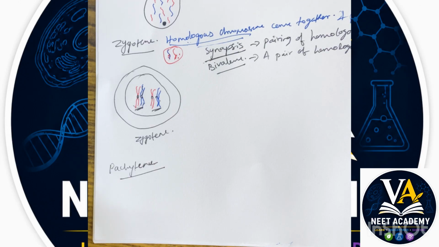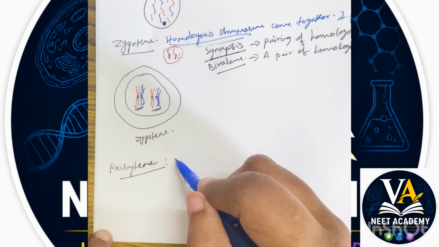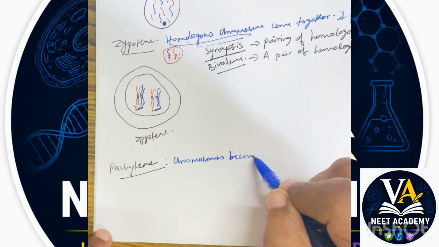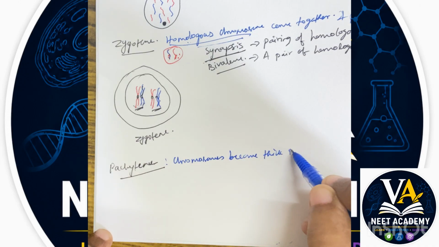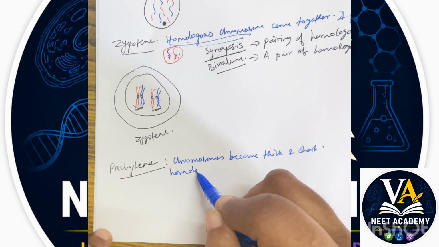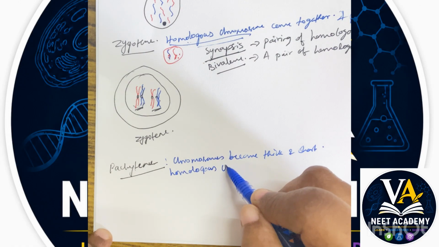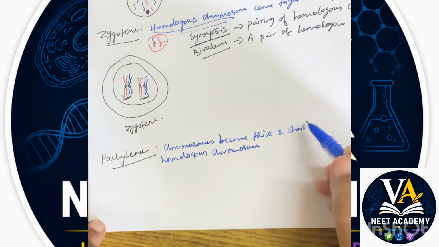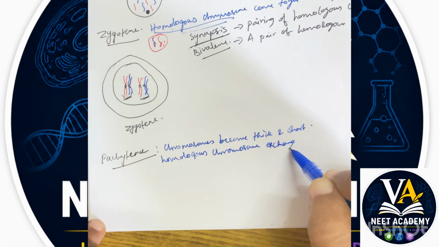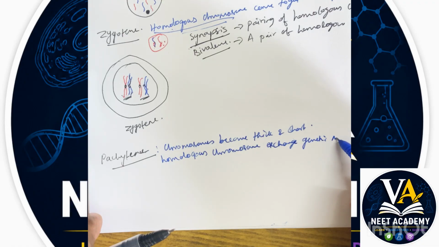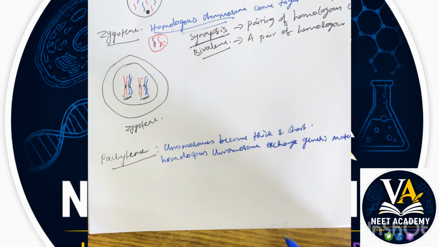In Pachytene, the chromosomes become more thick and short, and the homologous chromosomes exchange genetic material. That is what is happening here.